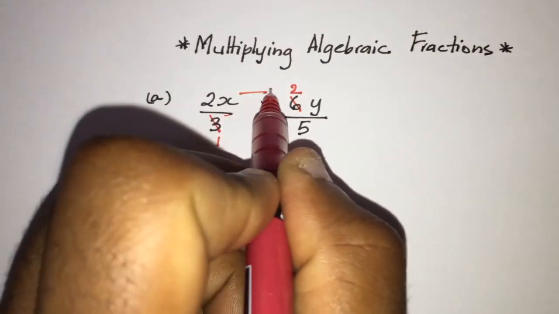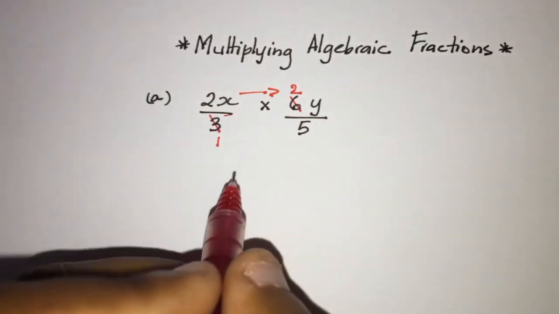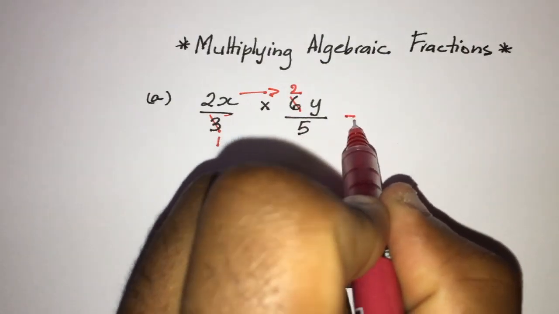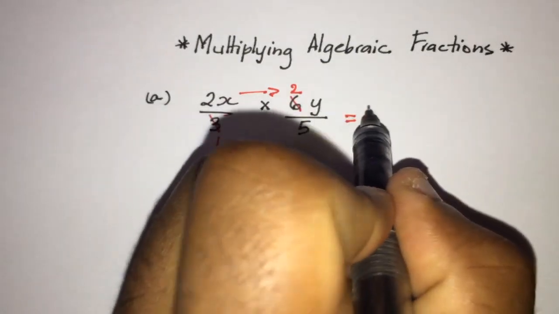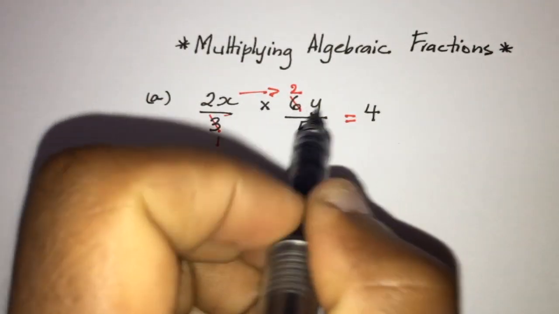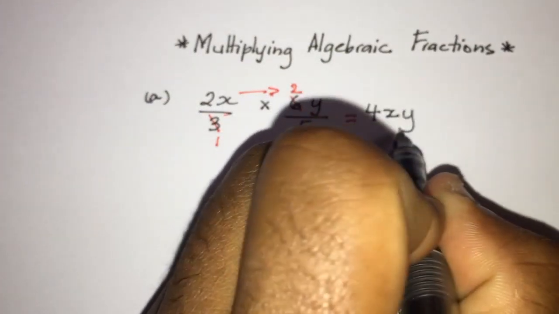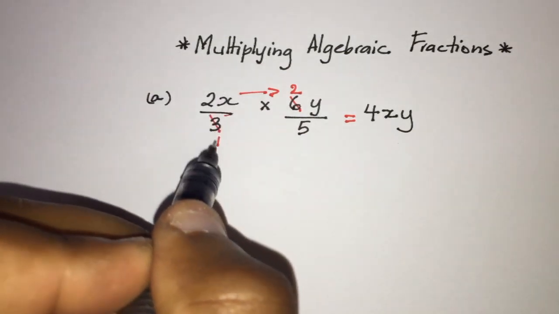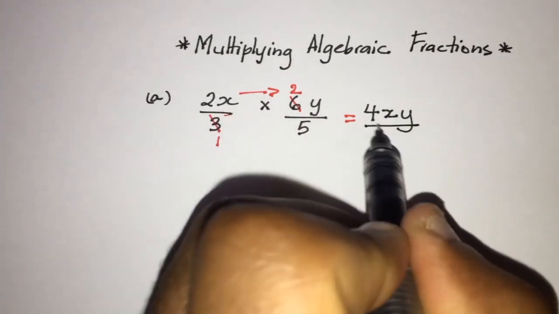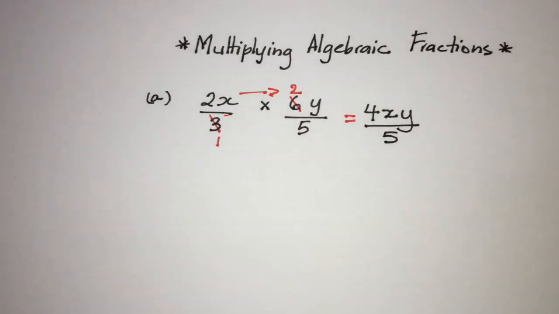So 2x times 2y will give us 4xy, because 2 times 2 is 4 and x times y is xy. Great. That's our numerator. With the denominator now we have 1 times 5, which is just 5. And that's it.